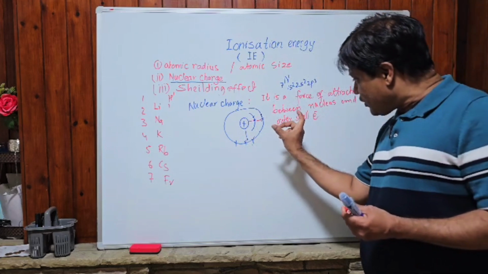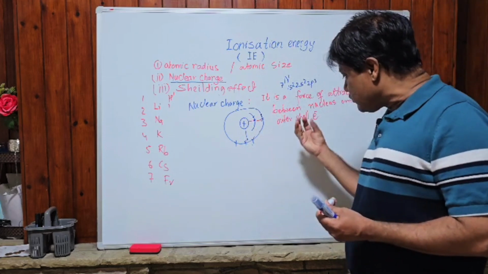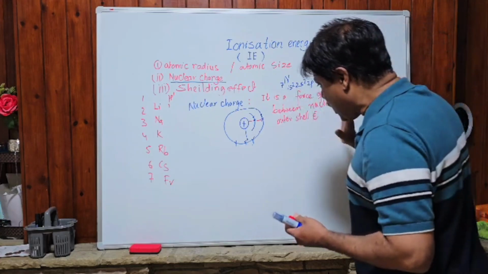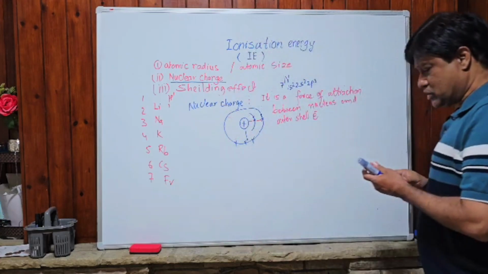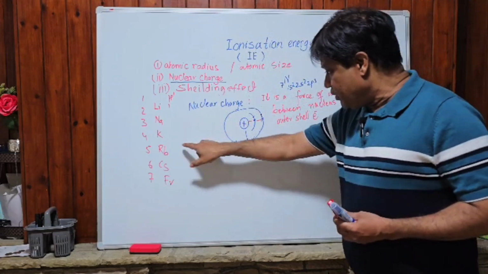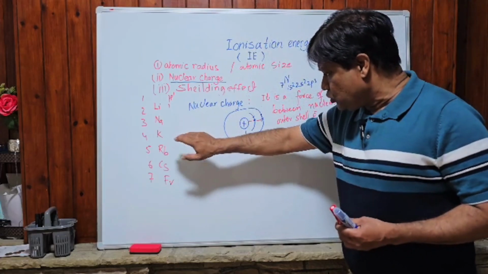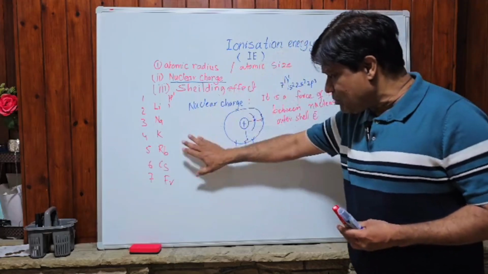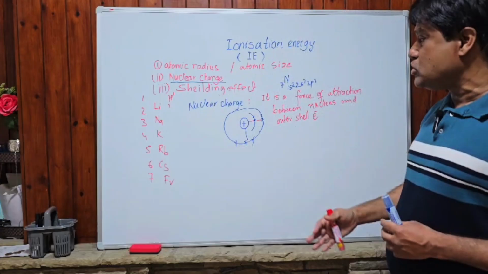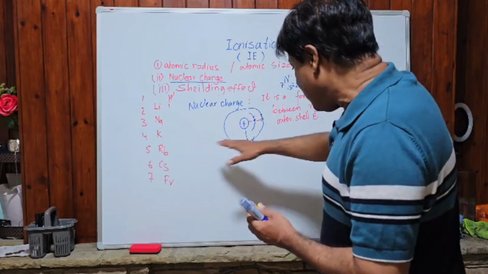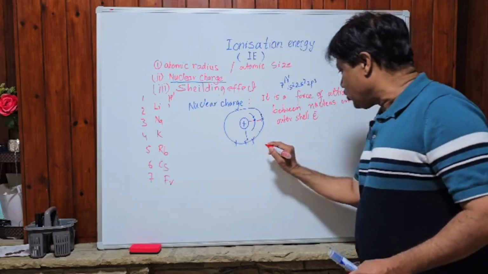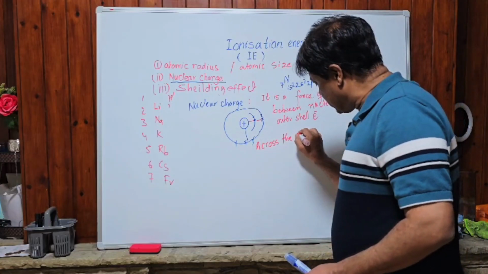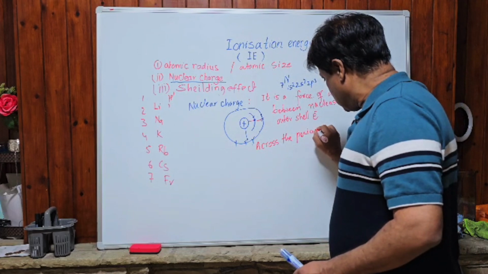That force of attraction increases when the atomic size decreases or when the electrons are moving close to the nucleus. Just now we have seen when you go across the period, we have the same number of shells, but the number of protons or electrons increases.